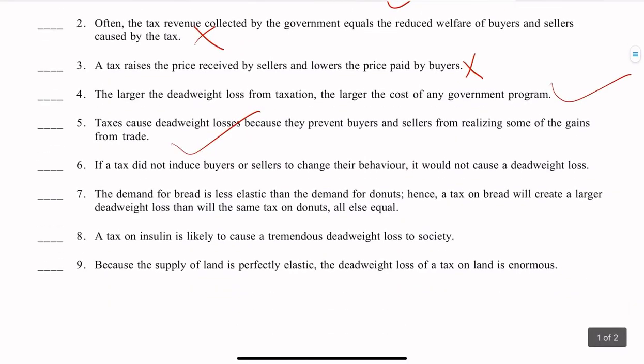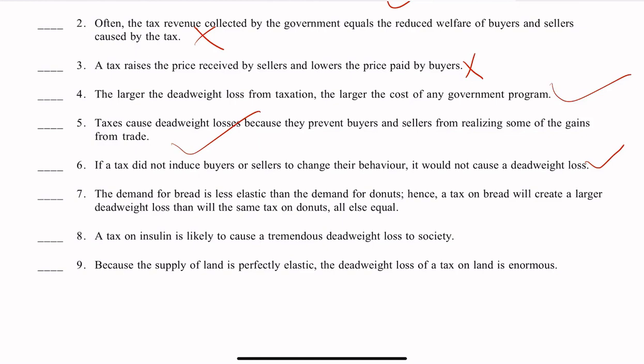Sixth, if a tax did not induce buyers or sellers to change their behavior, it would not cause a deadweight loss. This sounds ambiguous, but if you think about it, it's actually correct, right? Because why do we have deadweight loss? It's because there is a reduced quantity. But why are we seeing this reduced quantity?